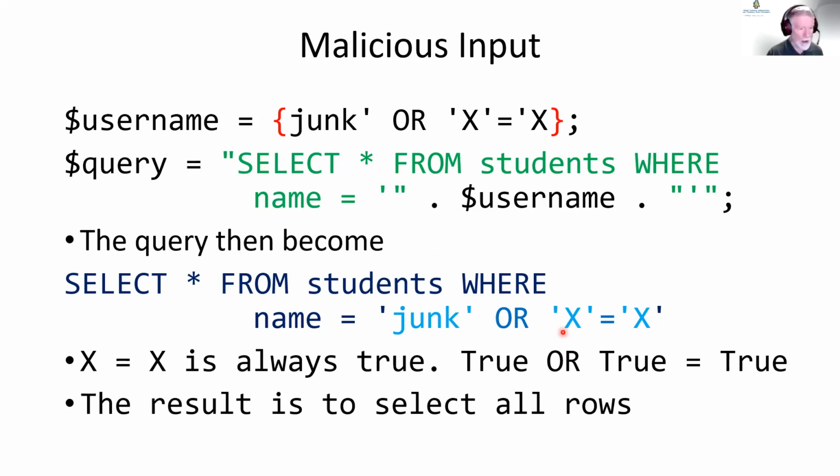So, x equals x. Well, that's an obviously true statement. X is always equal to x. Quote something equals quote same thing. It's going to be true. And so this is a true statement. And if you remember your Boolean logic, anything ORed with true is always true. So it's going to always select it. In fact, it's going to select everything. This ends up being a SQL statement without the where. It'd just be select star from students.